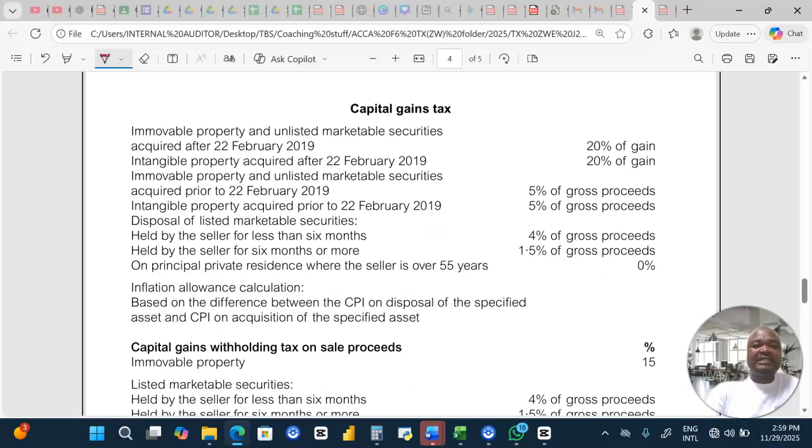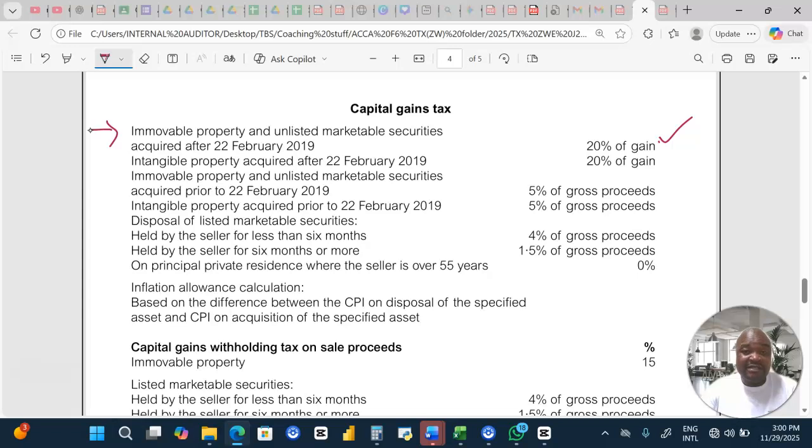We are told here that if the immovable property and unlisted marketable securities were acquired after 22 February 2019, you need to use a flat rate of 20% on the gain. Which means you just have to apply 20% on the gain and you get the CGT. In this case, the securities were acquired in 2020, way after February 2019. So we are allowed to use the 20% on the CGT.